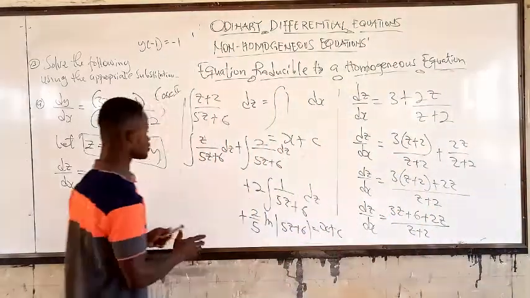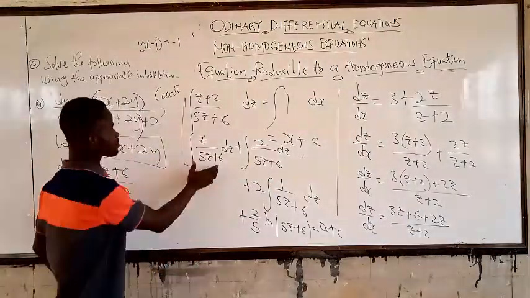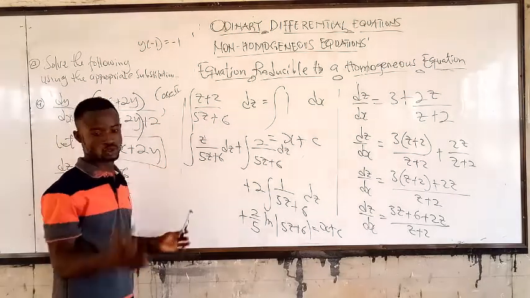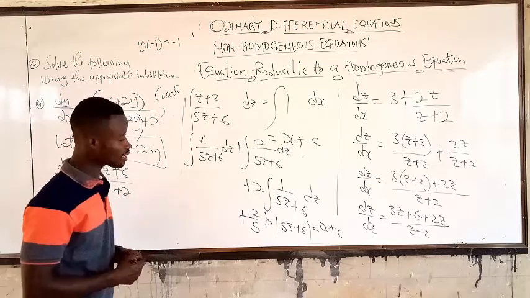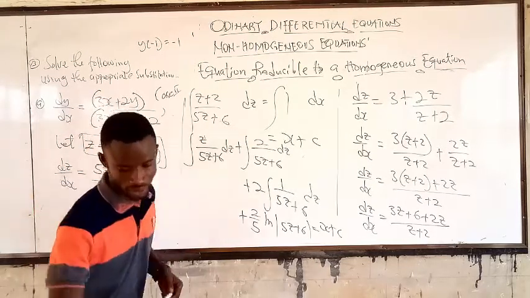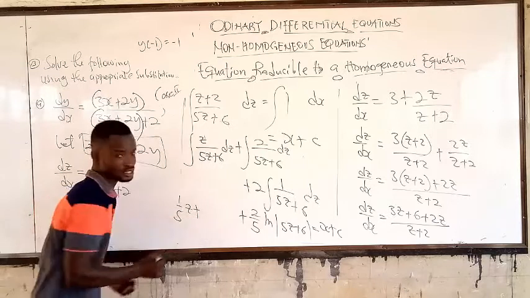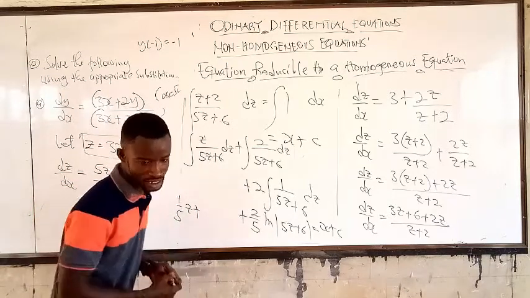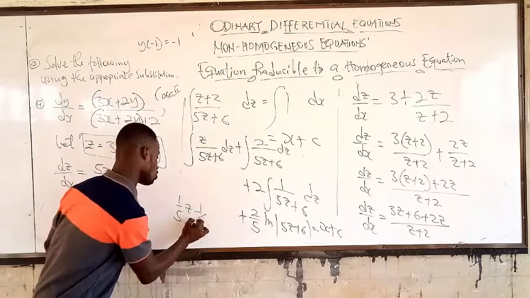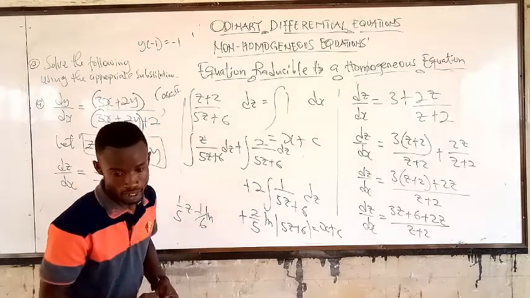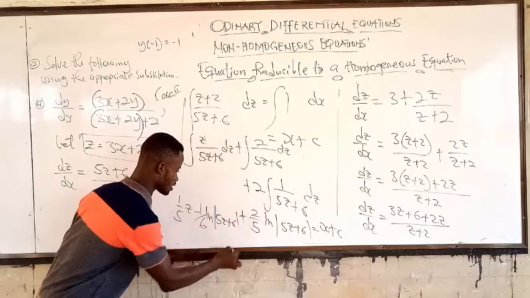So when you solve it with the idea of improper, you know the steps you go by. This becomes a divisor, this becomes a dividend, then you do that. In all, you are going to get something like, I want to go straight to the point: 1 over 5z minus 1 over 6 ln(5z + 6).